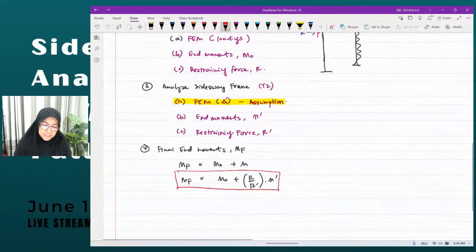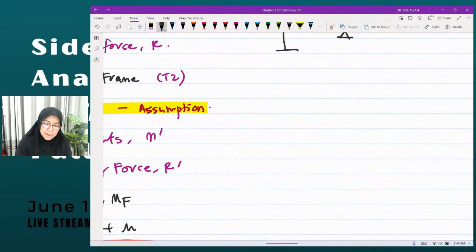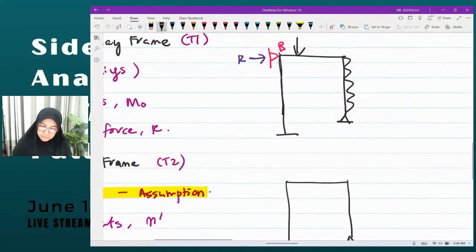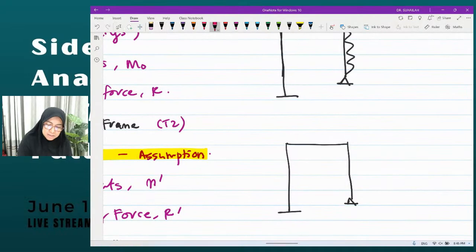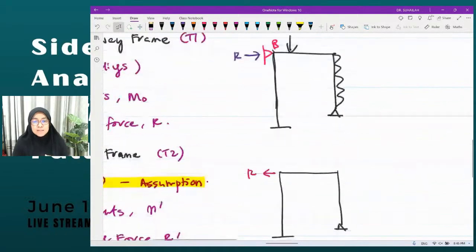Okay, analyze SIDESWAY frame, table number 2. The diagram will look like this. Fixed pin. R is moving to the left direction because we want to neutralize.